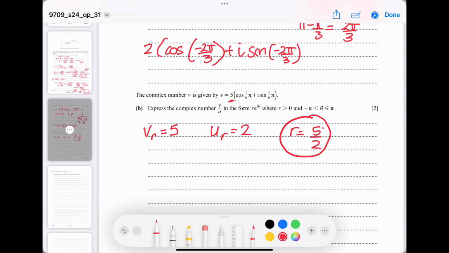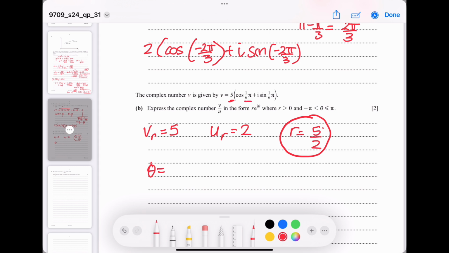We now need to find our value for theta. So theta, when we have complex numbers where they're divided, we would subtract our values for theta.